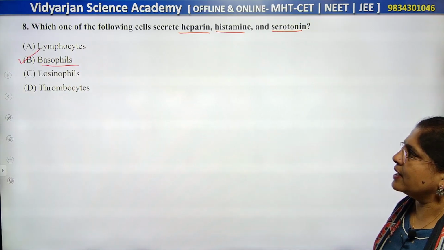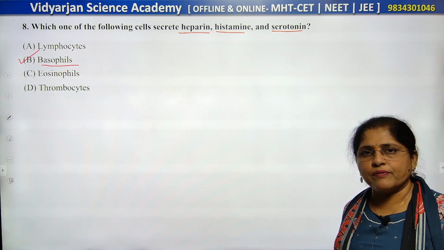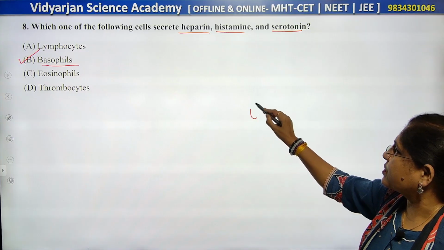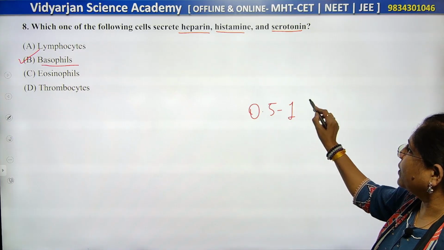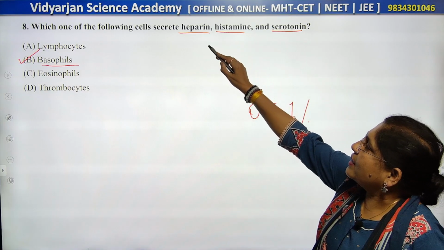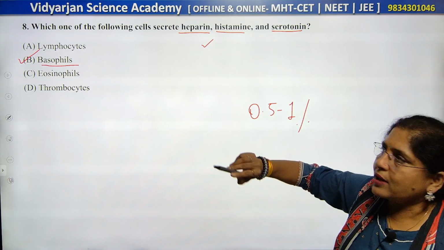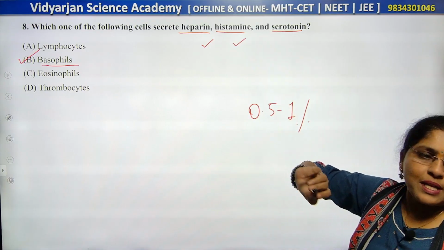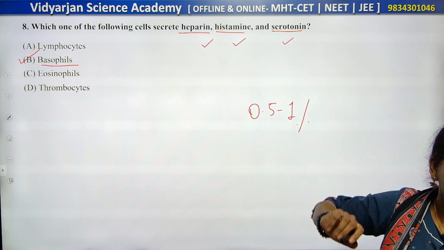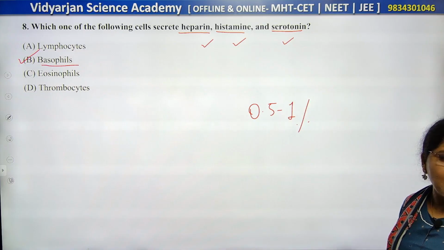Basophil is very important. And how much is the concentration of basophils in your body? 0.5 to 1%. It is giving you the secretion of heparin, which acts as an anticoagulant, histamine granules, which are always secretory in nature, and serotonin, which is required for various functions in our body.